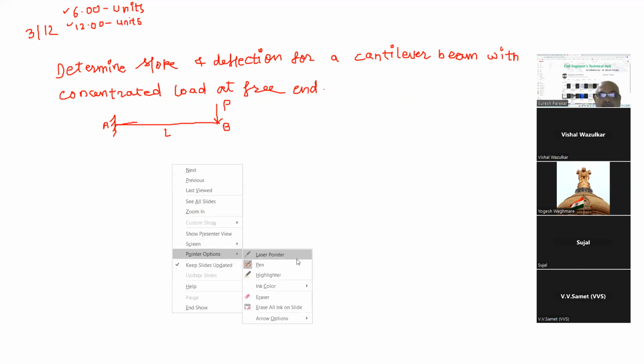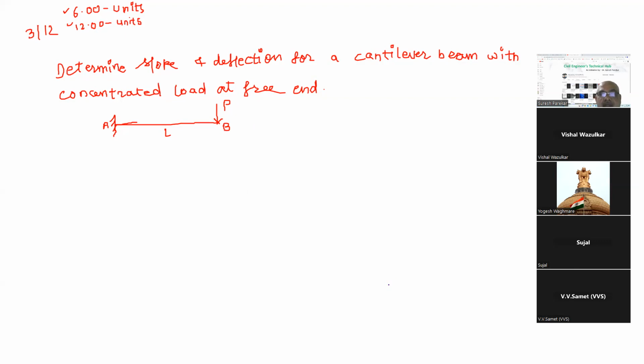I consider P because my name starts with P. Now we are with concentrated load P, and it is always better to consider moment from the free end so that we need not find the reaction at A. And here we have a simple one, and this is a variable load, so I need not apply any dummy load.